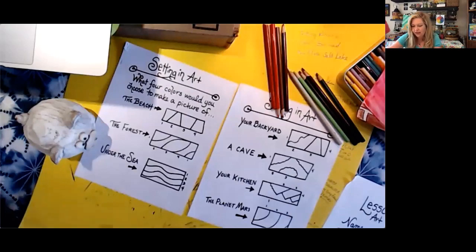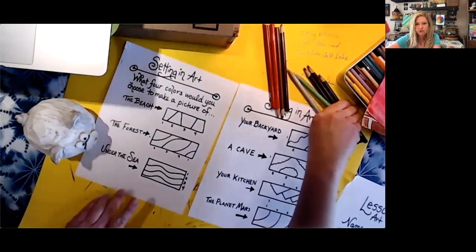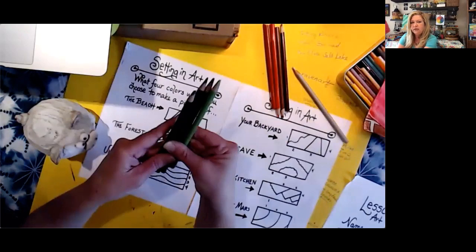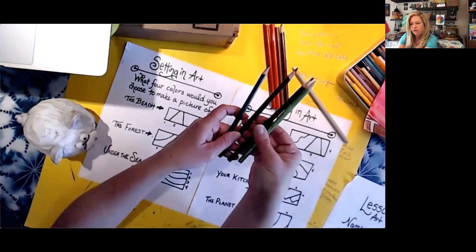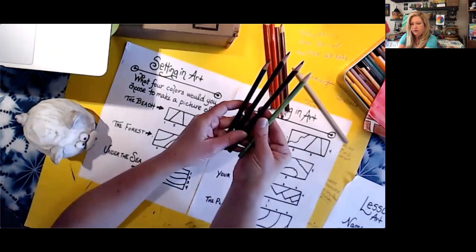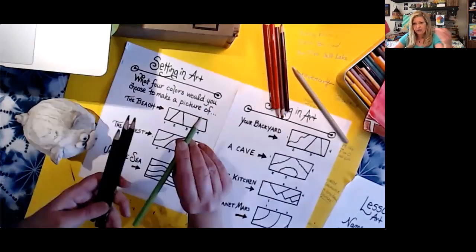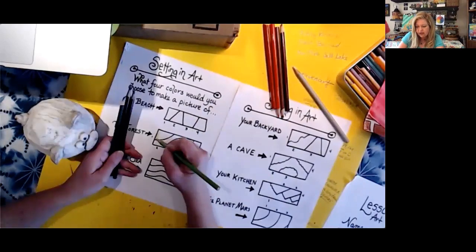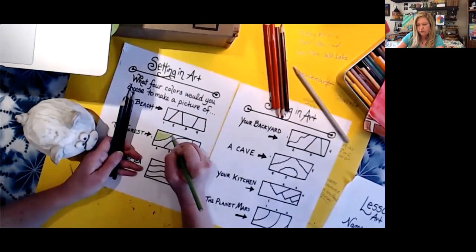So let's do forest. If I'm going to do a dark, deep, gorgeous forest, I might pick, can you see these? A really dark green, a really dark kind of purpley brown, a dark, dark, dark brown, and a light green. Just some ideas. Again, if I'm really working on a picture, I might pick 15 colors. But I also would like to see how these colors really look when they're used.